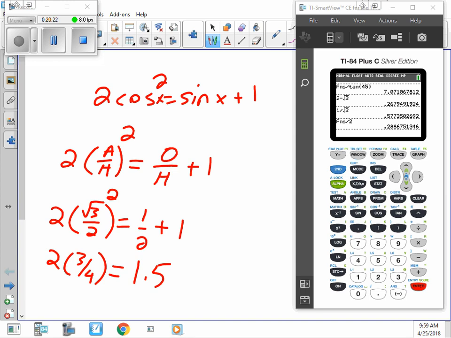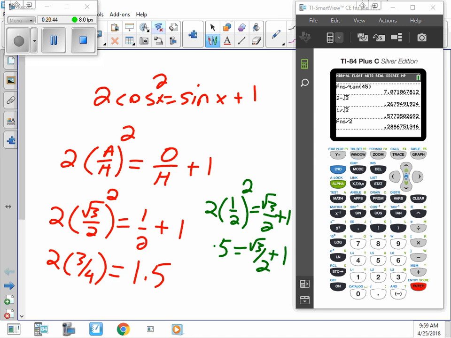Right? Let's try pi over 3. So for pi over 3, I would have 2 times 1/2 squared equals root 3 over 2 plus 1. 1/2 squared is 1/4. 1/4 of 2 is 0.5. Is that true? No, that didn't work.